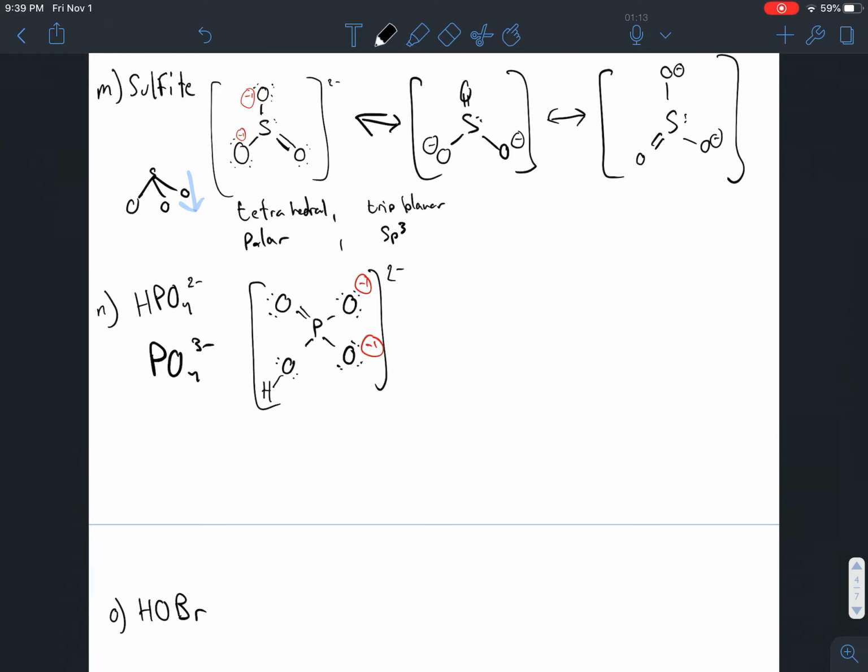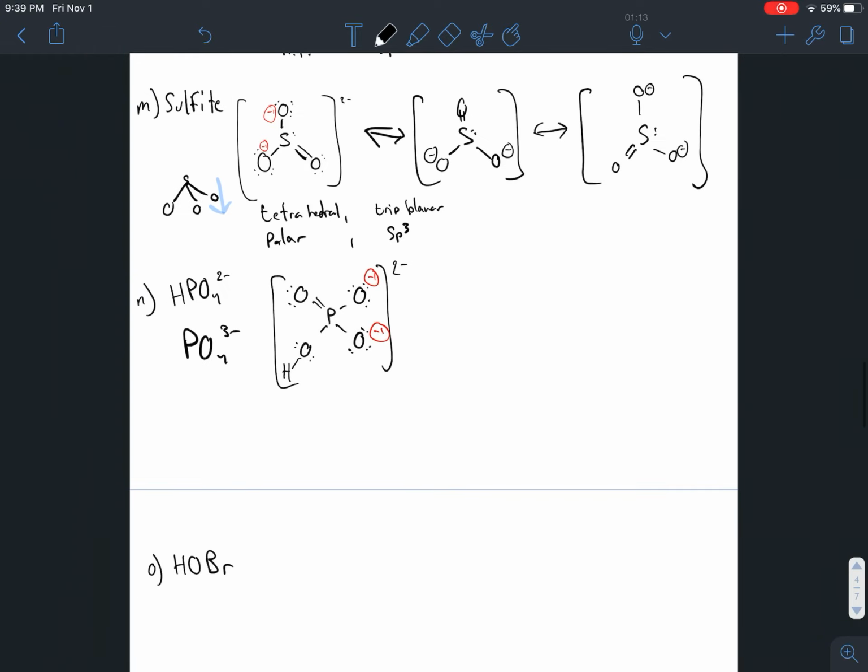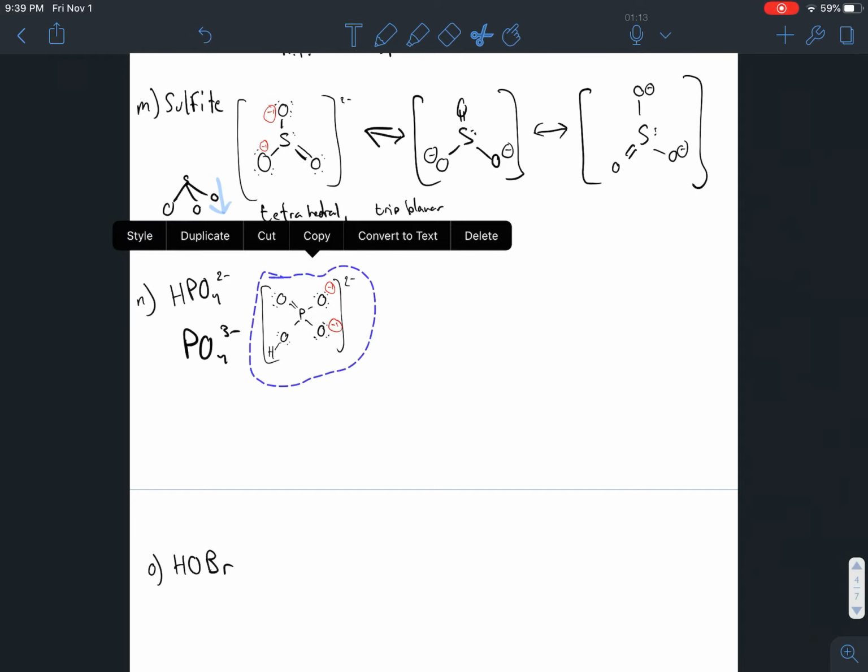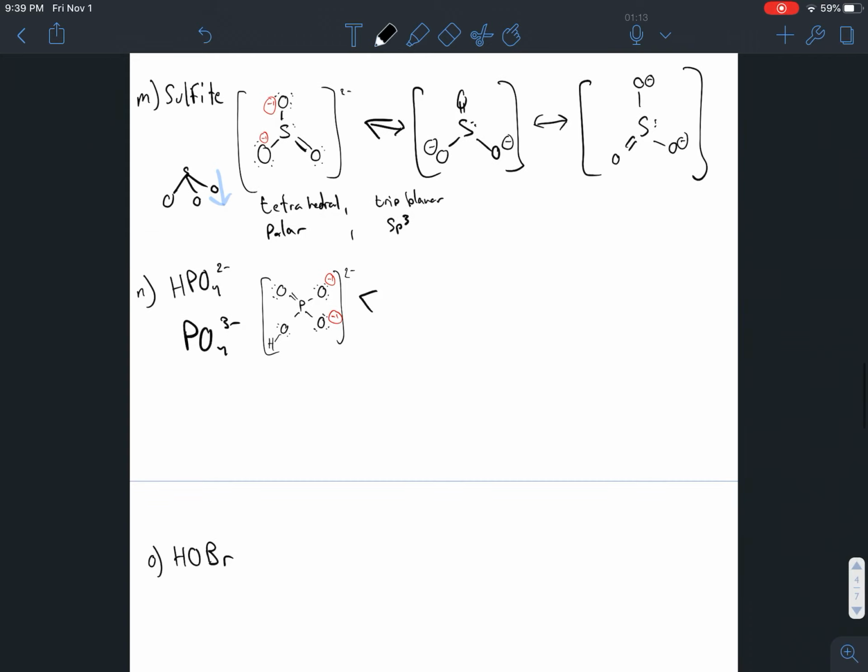I guess we did 2 at the same time. But this is not correct. This does not yet imply that these negative charges on the oxygens are shared between the other oxygens, not the oxygen that has the hydrogen on it.